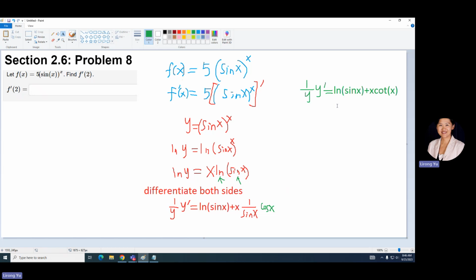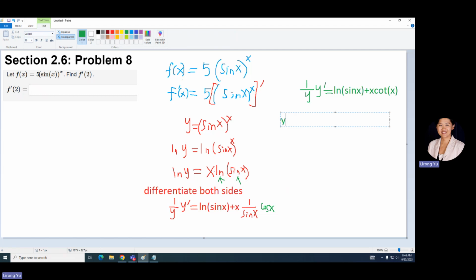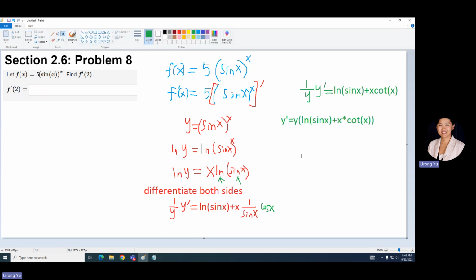If we want to find y prime, we're going to multiply both sides by y. So y prime is y times everything on the right side: ln of sine of x plus x times cotangent of x. That's the y prime. We cannot leave it like this. This function is defined in terms of the x variable.